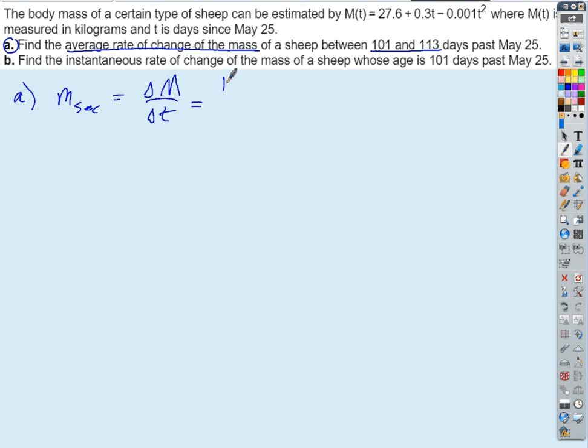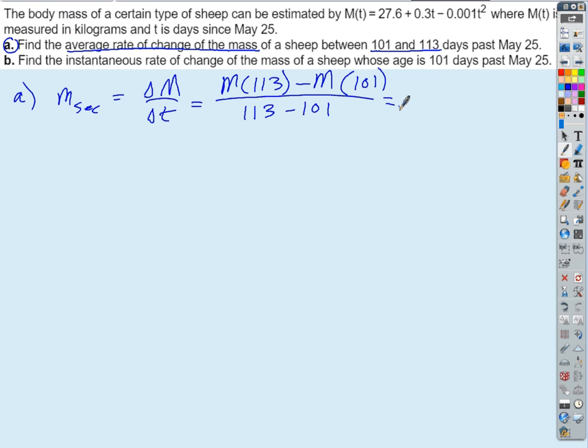Well, that's going to be m of 113 minus m of 101, divided by the change in t, which is just 113 minus 101. And that's going to give us some answer, right? We can plug it in and see, but I'm not going to bother. We're going to get some average rate of change based on our function.